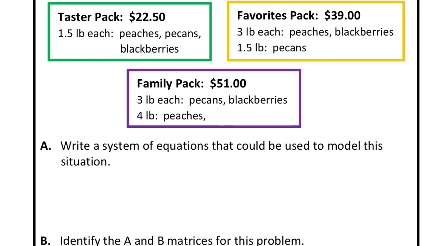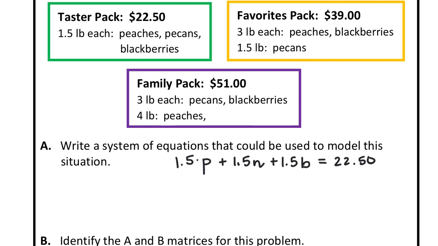So we're going to write something like 1.5 times the price per pound of peaches, plus 1.5 pounds of pecans, but they're using N for nuts, plus 1.5 pounds for the blackberries, that's going to equal $22.50. Okay, so that was just doing the taster pack.